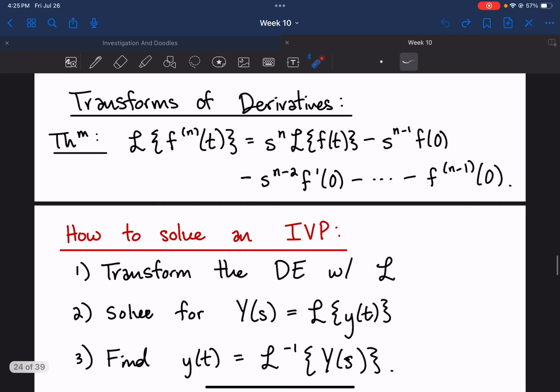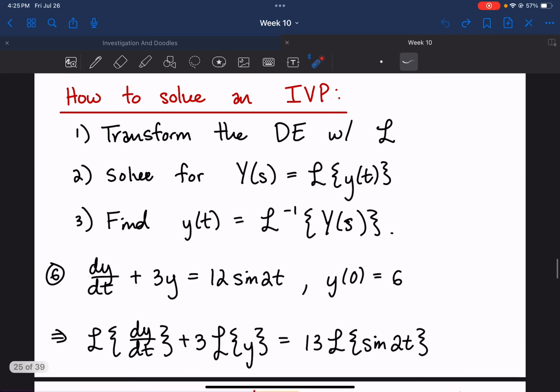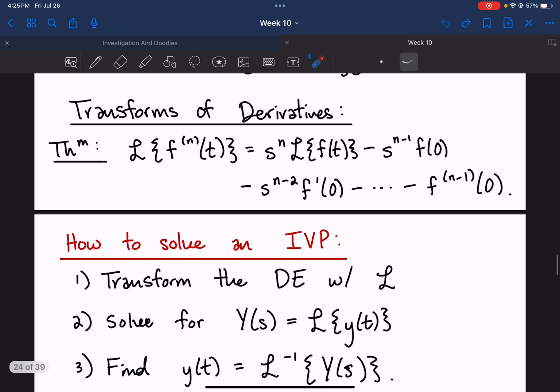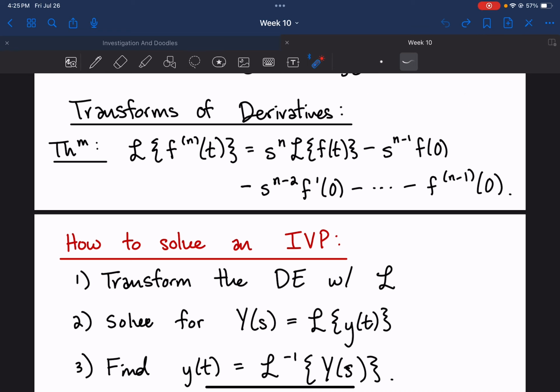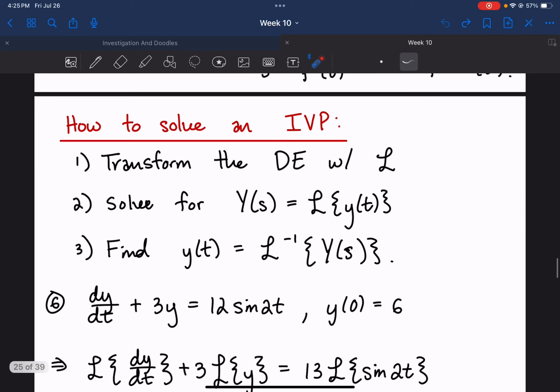Okay, so here's how you solve an initial value problem. Right, you need these initial values. So the first step is you transform the differential equation using the Laplace transform.